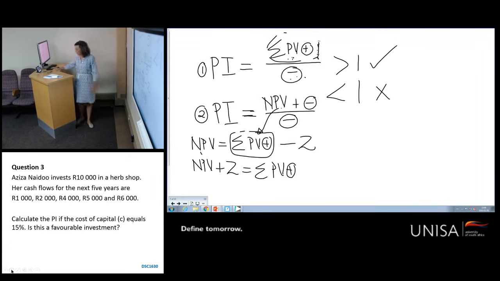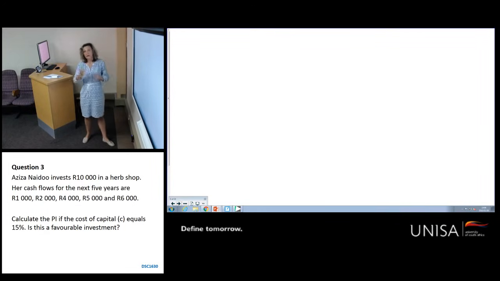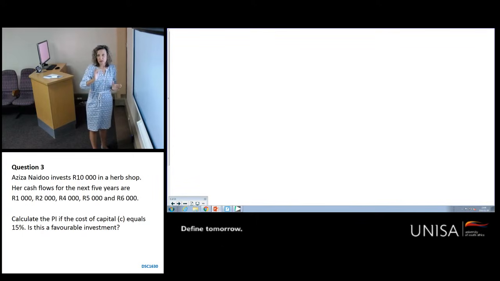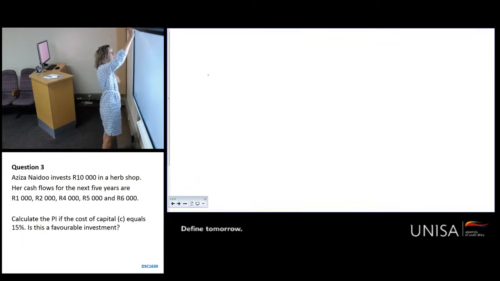We go back to Aziza again. Same question like we had. We've got the herb shop invested 10,000 and the inflow, but in this instance we need to calculate the PI. Can you see the method is given to you?